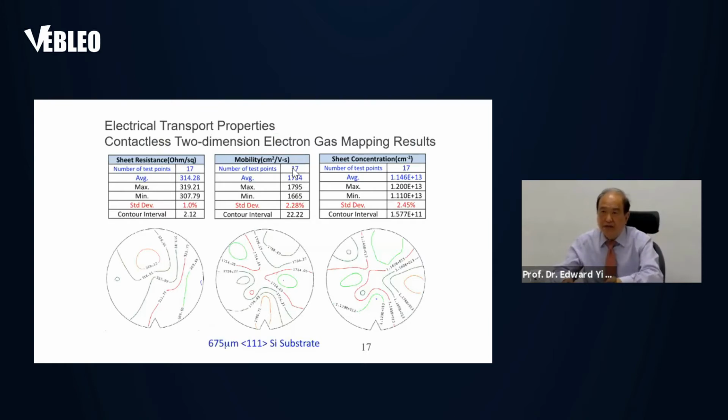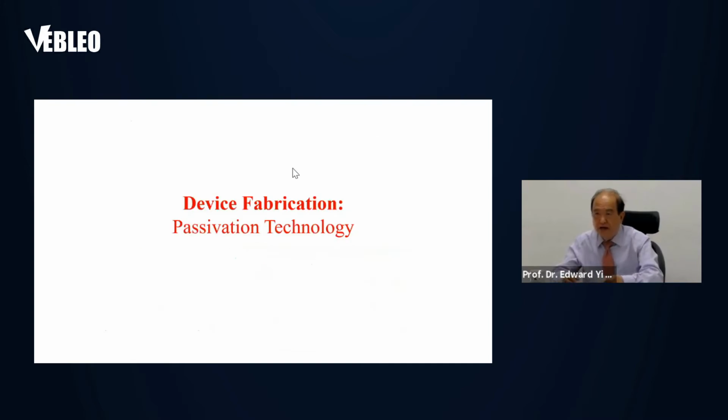And this is the uniformity. We can see the uniformity is around 1% for thickness, 2.2% for mobility, and sheet resistance is only 2.45% uniformity.